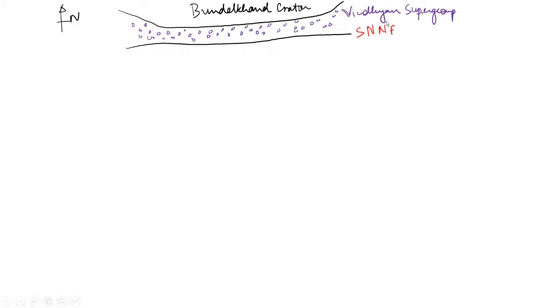SNNF. The Son Narmada North Fault marks the northern boundary of the Mahakoshal supergroup. The Mahakoshal supergroup, which has an age of almost 1.7 billion years.